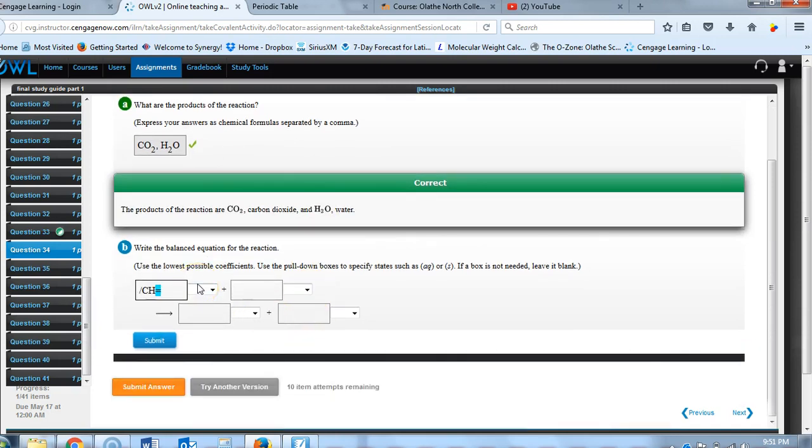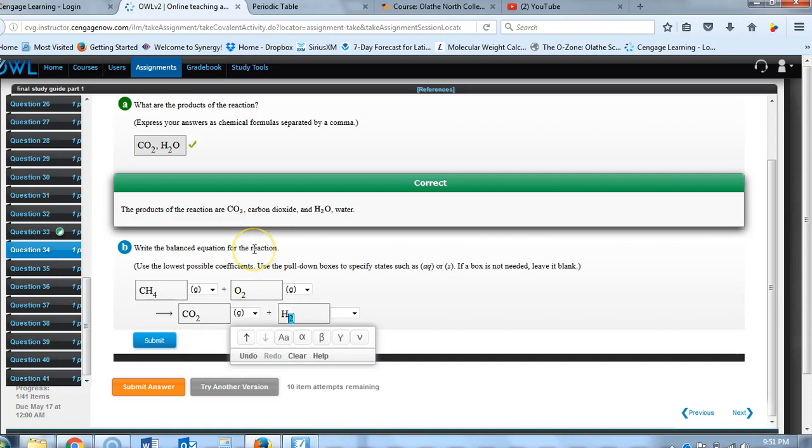So what are we doing? CH4, and that's going to be a gas, methane. And we're going to react it with oxygen, and that's going to be a gas. And we're going to make CO2, and that is going to be a gas.